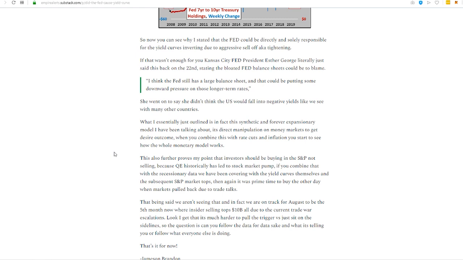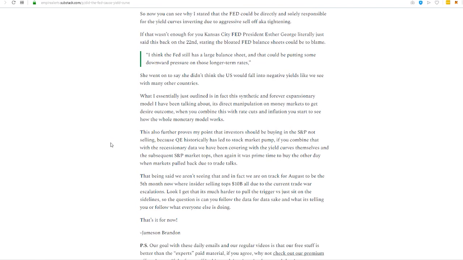And while that's happening, you have the general public who is absolutely terrified of the stock market, and you have what they call insider trading. It's basically higher-up executives within companies that are selling. We're in the fifth straight month now of 10 billion or more being sold in what they call insider trading.